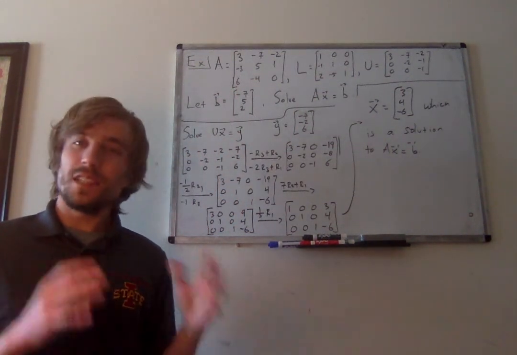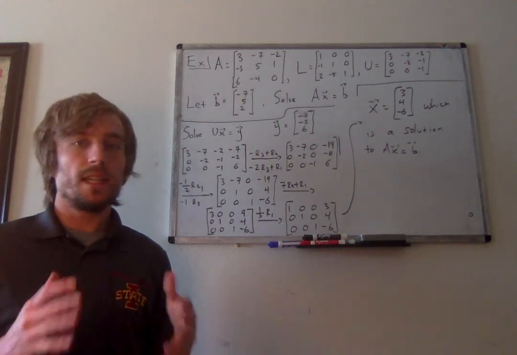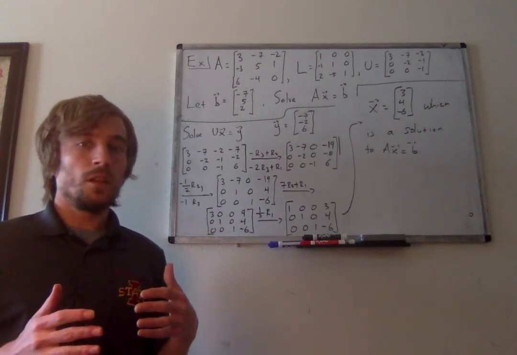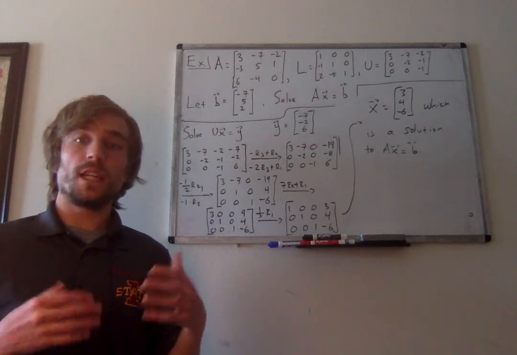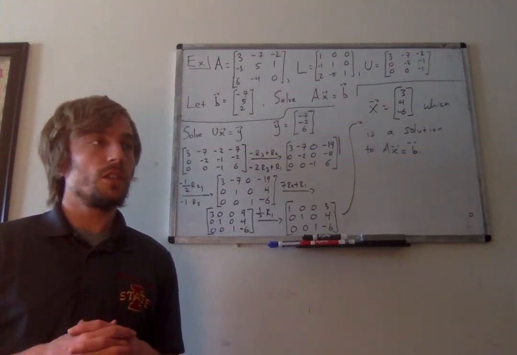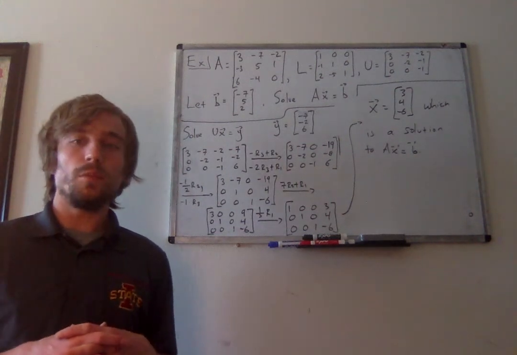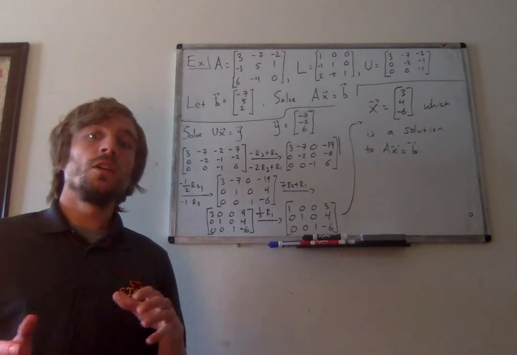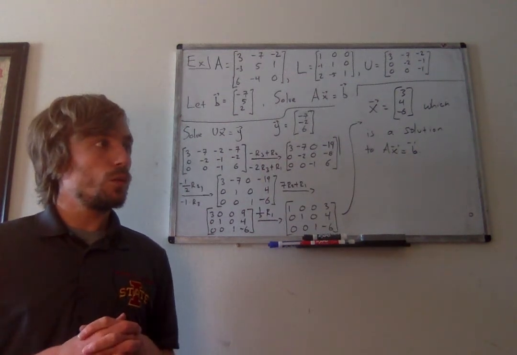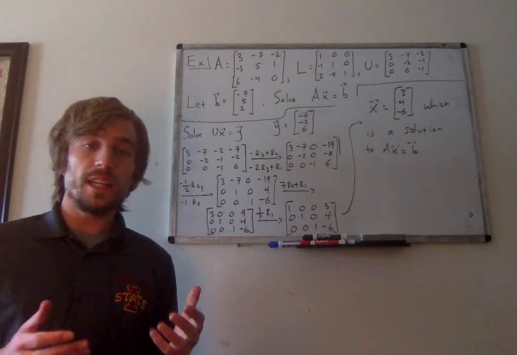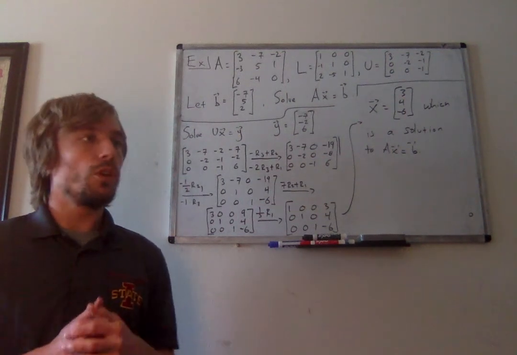So, as a single method of solving Ax equals B, it tends to be a little longer. If you had to solve many matrix equations similar to this, it would end up being a shorter method of solution. So next video, we're going to discuss how to actually find an LU factorization, and then we'll look at one more example.